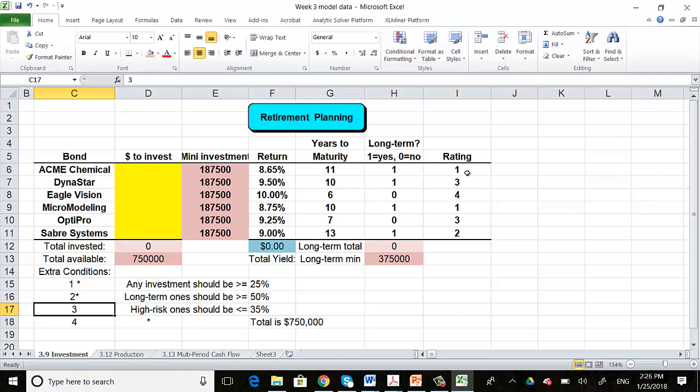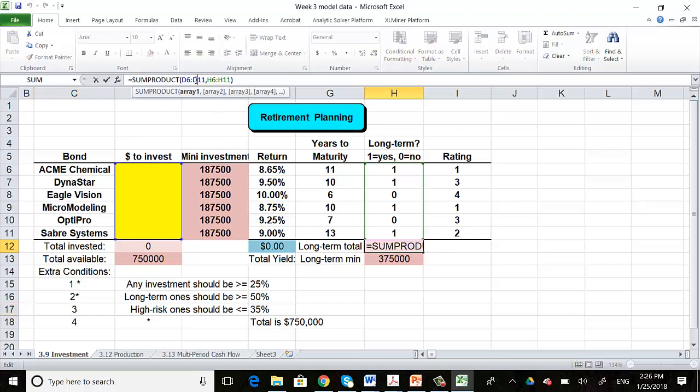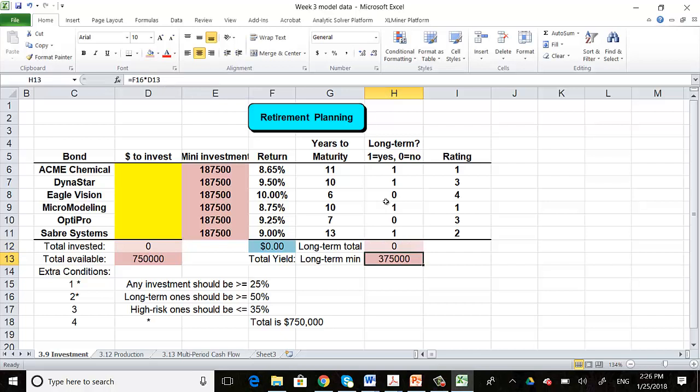Can you go back to your long-term total ones for a second? This one? Yeah. It's the sum product of this column and the yes/no column. Are all those minimum investment values just numerical values, the 187.5s, or is there a formula in those? This is a formula.